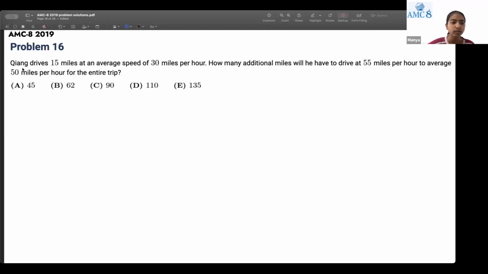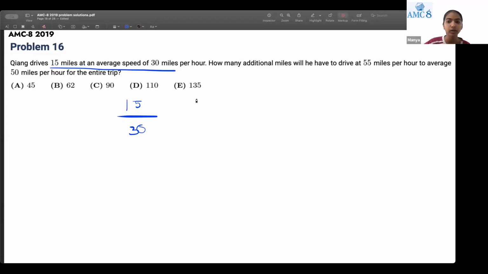So this person drives 15 miles at an average speed of 30 miles per hour. So 15 over 30. Then he will have to drive at 55 miles per hour to average 50 miles per hour for the entire trip.